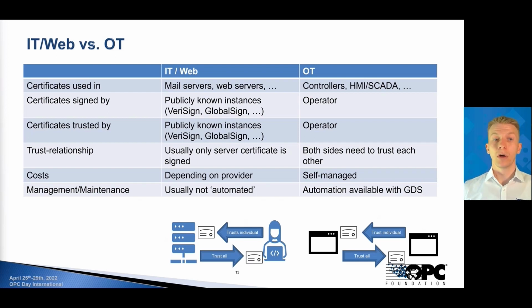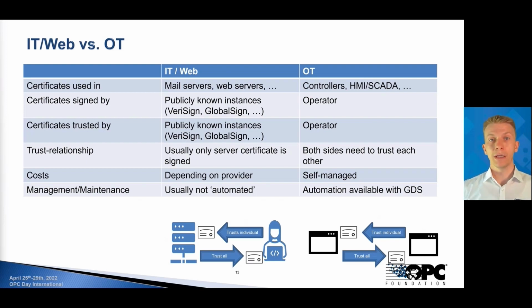Therefore, the whole thing is self-managed, and the costs depend on the solution the end user chooses. If they want to have something by themselves, they can do that without any cost. So you can issue as many certificates as you like by your own CA structure without any implications or any kind of warnings that this is an untrusted CA, once you have it in the trust list, obviously.